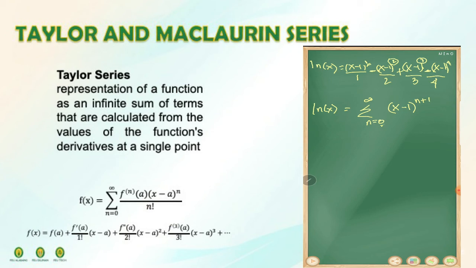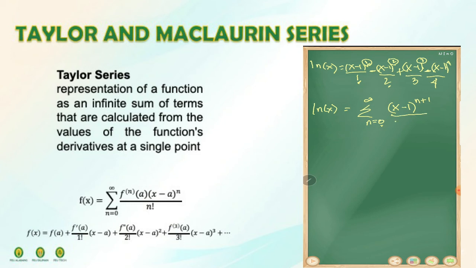Okay, why? Again, if n is equal to 0, 0 plus 1 is equal to 1. If n is equal to 1, 1 plus 1, our exponent is positive 2. Since the number at the bottom is the same, 1 and then 1, 2 and then 2, 3 and then 3, we need to have an n plus 1 expression on the bottom.